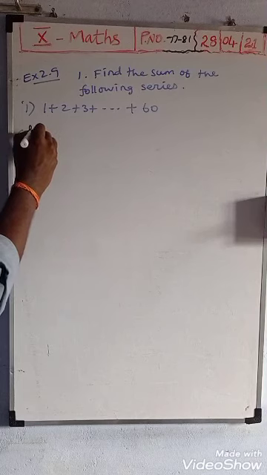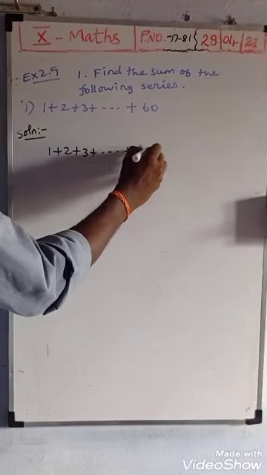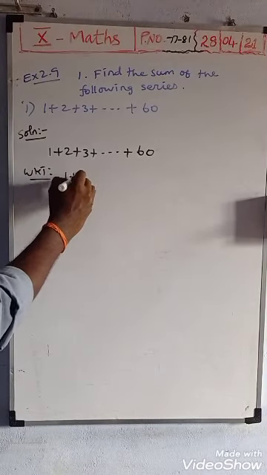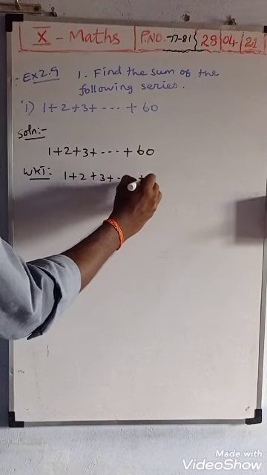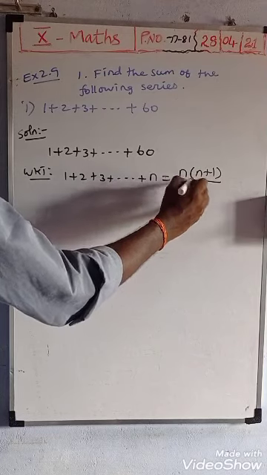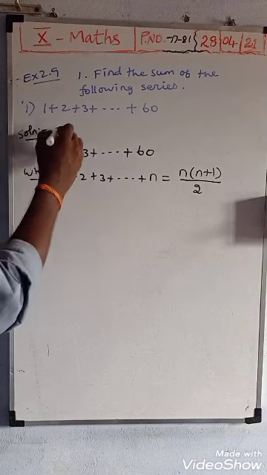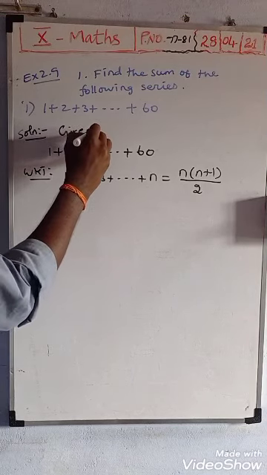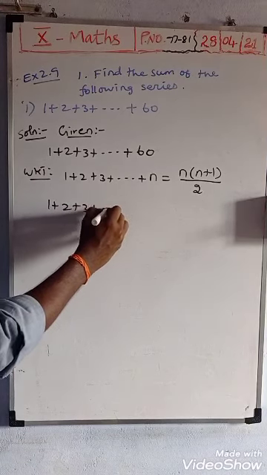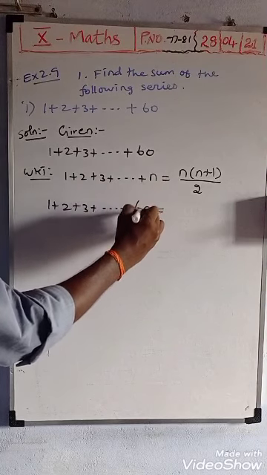See the solution. Here 1 plus 2 plus 3 plus up to 60. We know that 1 plus 2 plus 3 plus up to n equals n into (n plus 1) by 2, the formula for adding n natural numbers. Here the series goes up to 60, so n is 60.